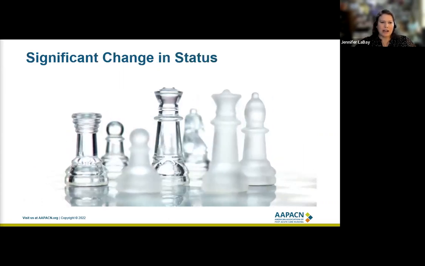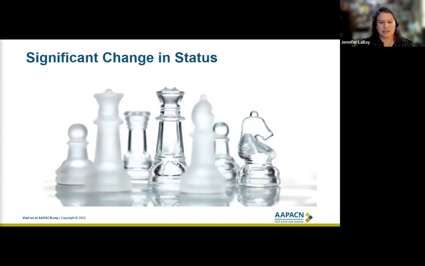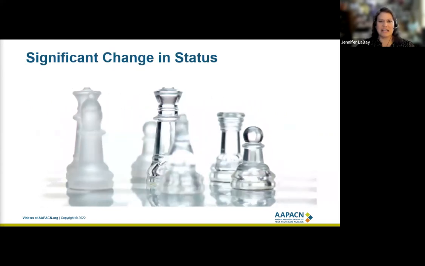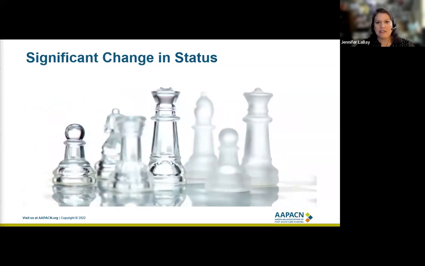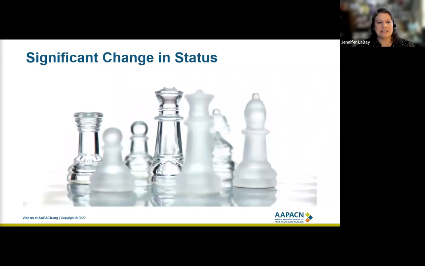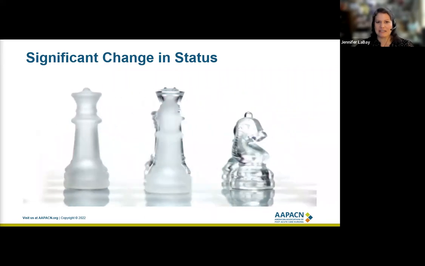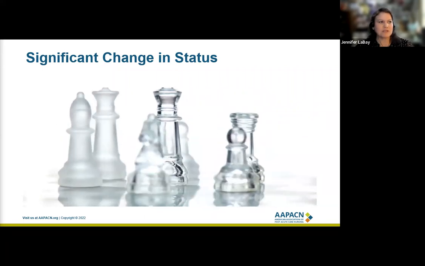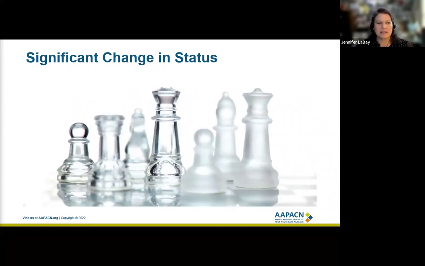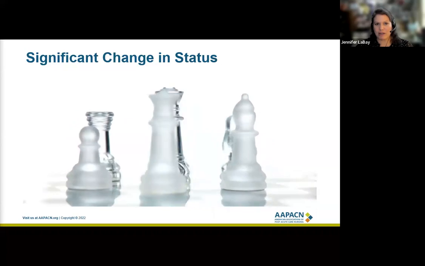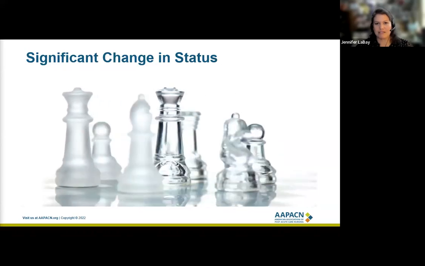So let's talk about the significant change in status to start. A significant change in status is an assessment that is required if there is a change in the resident's care that is going to require an overview of the plan of care. It needs to affect at least 2 areas of the resident's overall status.